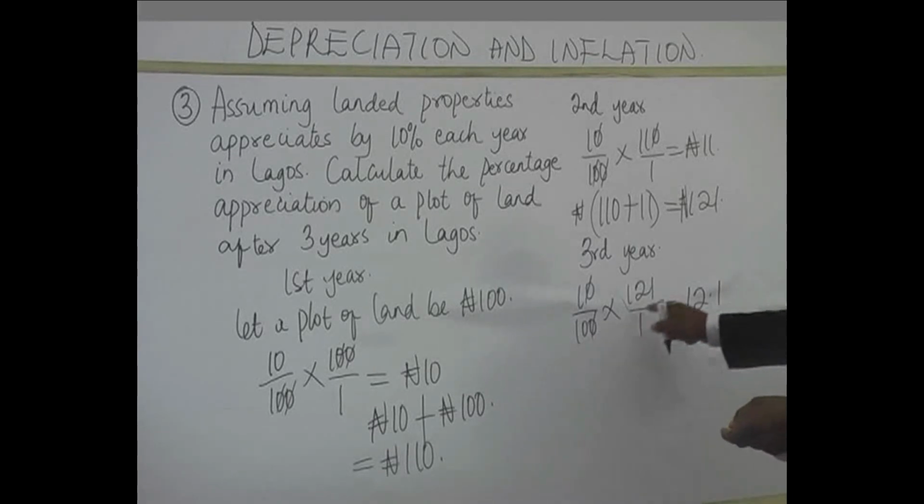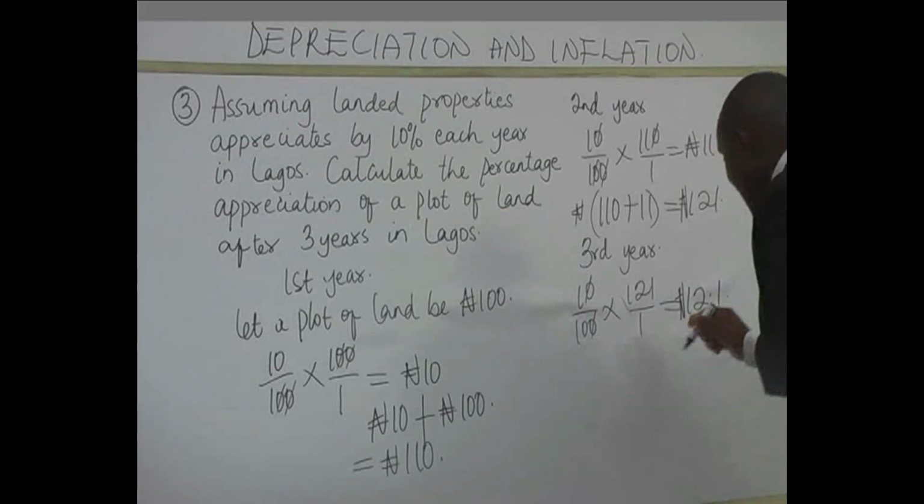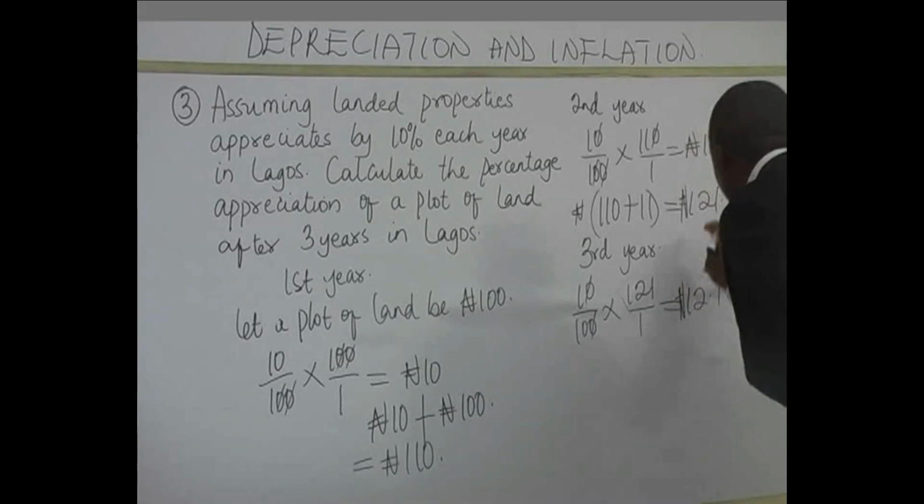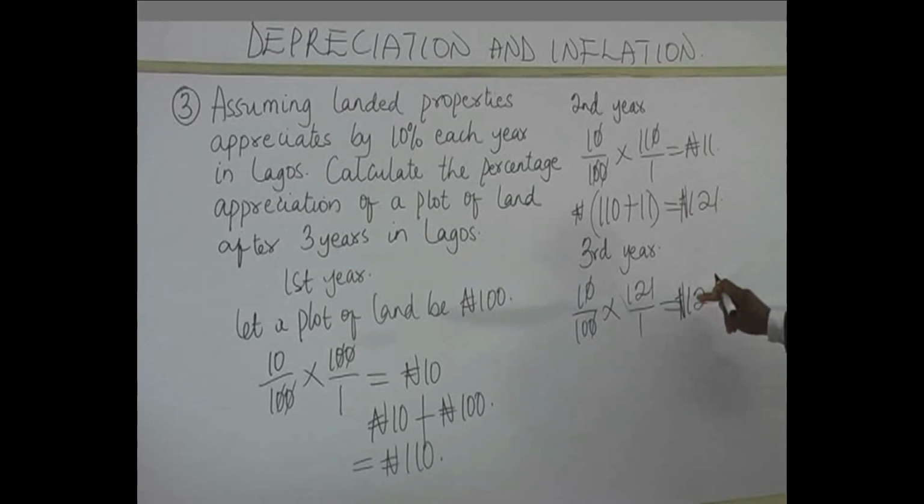Just because of this zero, move the decimal towards the left once. That was how we now had, instead of 121 over 10, we have 12.1 naira. So this is the appreciation. That means the value of the land now after the third year will be 121 plus 12.1.